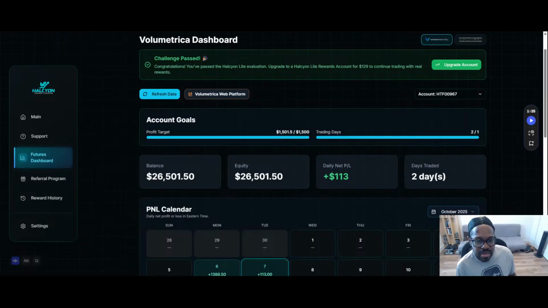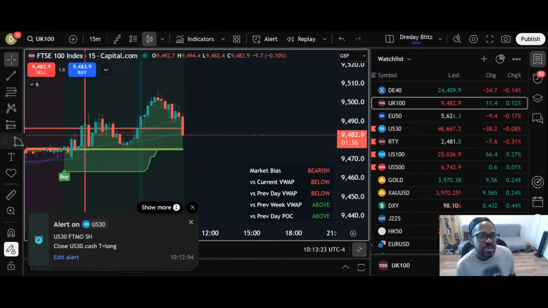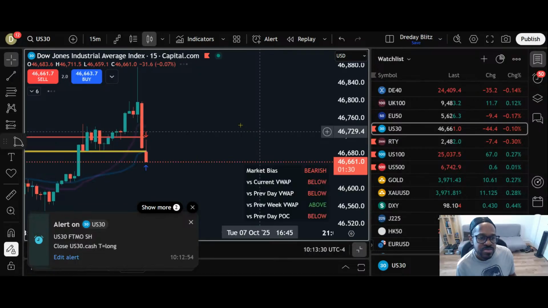I'm going to go back here on TradingView and show you exactly the actual setup that we took.